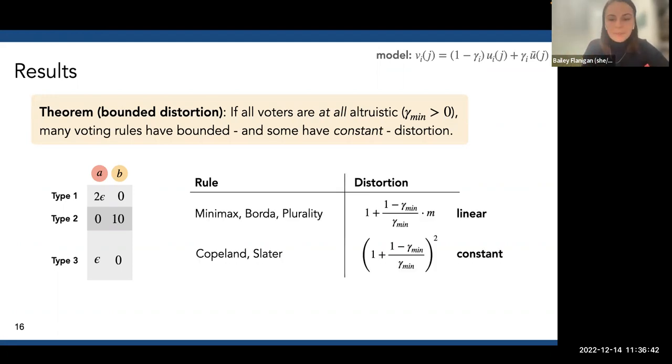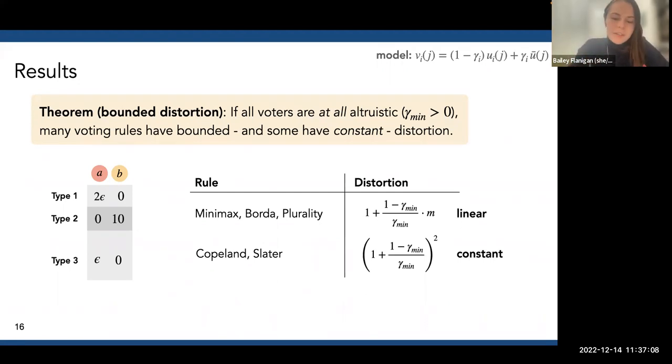To be a little bit more specific about what we get for sensible voting rules that have reasonable values of the kappa F parameter, some voting rules of interest across the top here are minimax, Borda, and plurality, for those of you who work with voting rules. Kappa F for these voting rules is 1 over m, and so we get the bound implied by the upper bound on the previous slide.